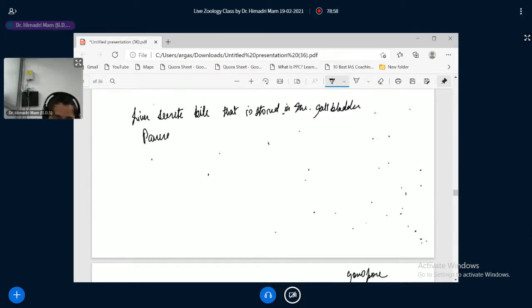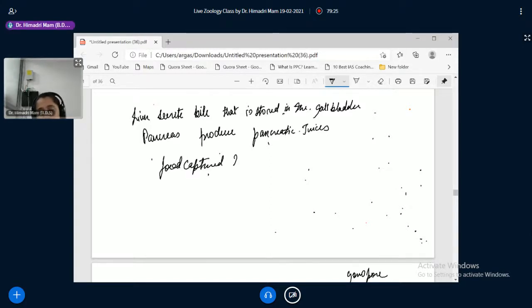Pancreas produces pancreatic juices. Food is captured by a bilobed tongue.